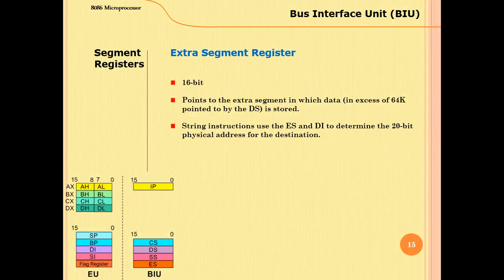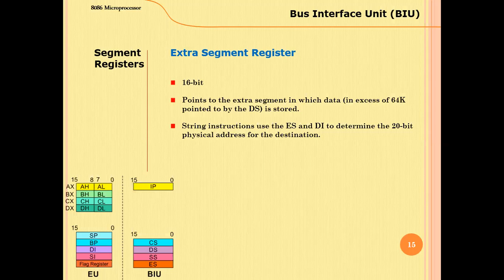Now coming to the extra segment. This extra segment is also for data only. When the data segment is not sufficient for holding the data, then we can use the extra data segment, which is nothing but the extra segment. For accessing that extra segment data, the extra segment register ES contains the starting or base address, and either DI or some offset contains the offset address.